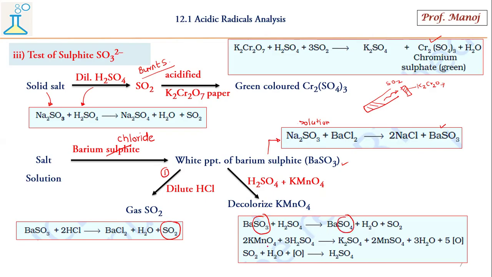That sulfuric acid once again reacts with permanganate to release oxygen atoms. Those oxygen and water will convert SO2 into H2SO4. Now, in this process, potassium permanganate, which was purple in color, has become a colorless compound because potassium sulfate and MnSO4 both are colorless. So that loses the color of potassium permanganate.